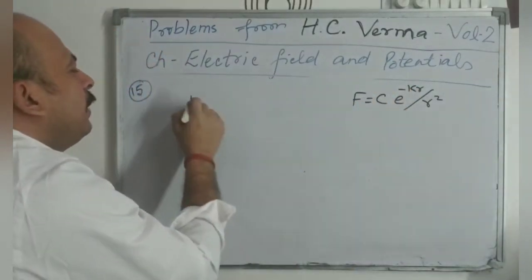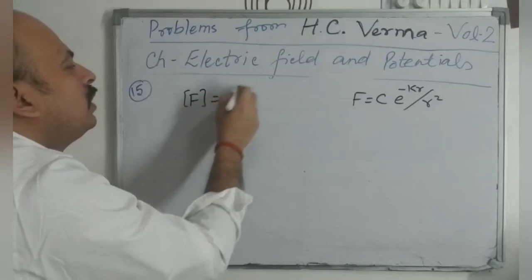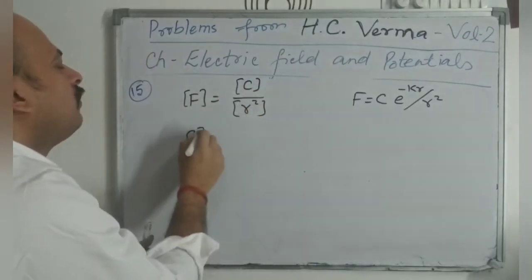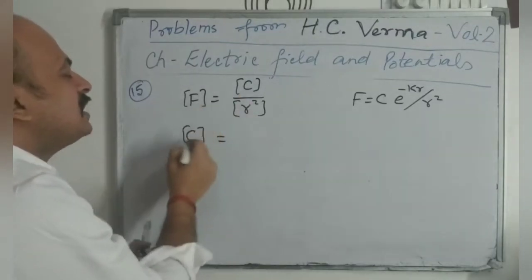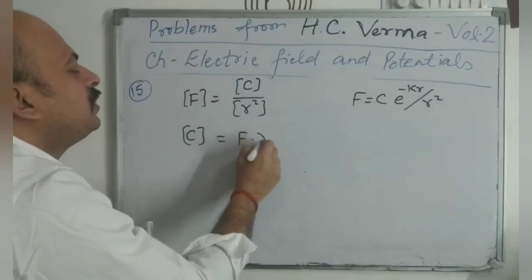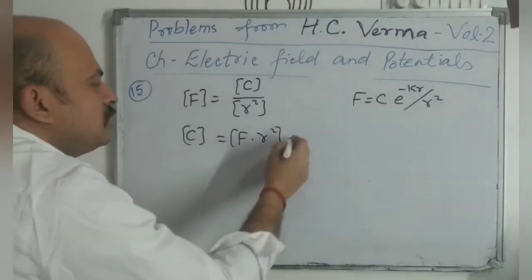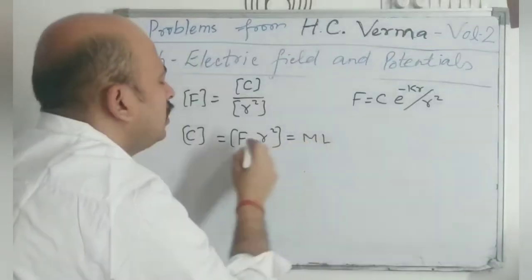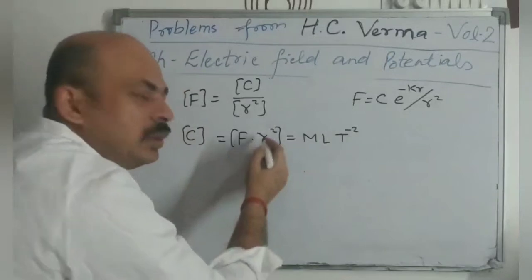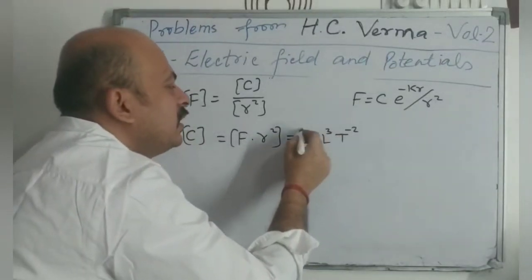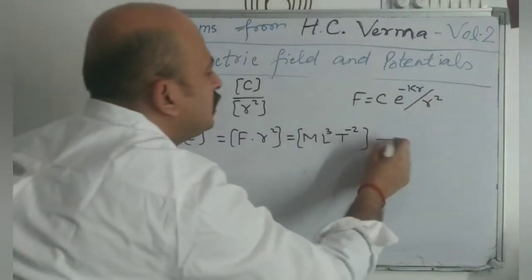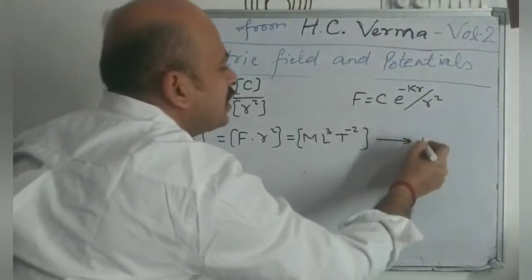So the dimensional formula of F will be equal to the dimensional formula of C upon the dimensional formula of r square. Therefore the dimensional formula of C will be F into r square. So your answer will be MLT to the power minus 2 into L square, that will be ML cube T to the power minus 2. And what will be its unit? It will be Newton meter square.